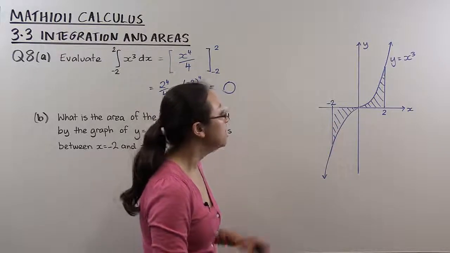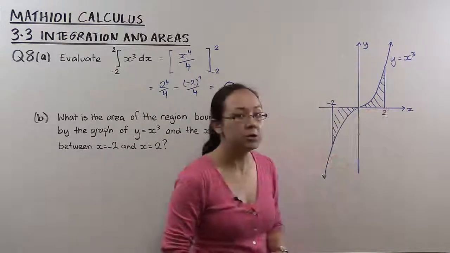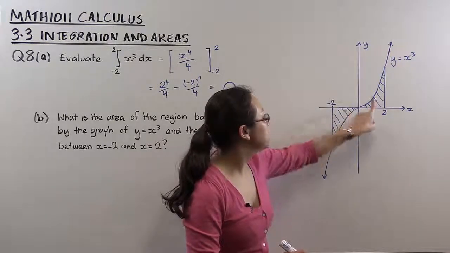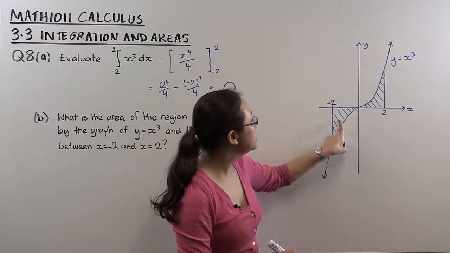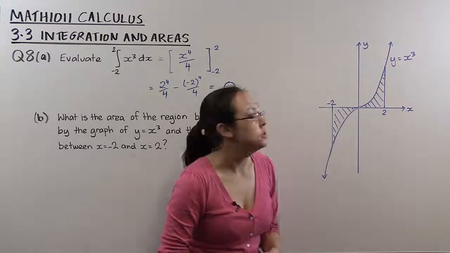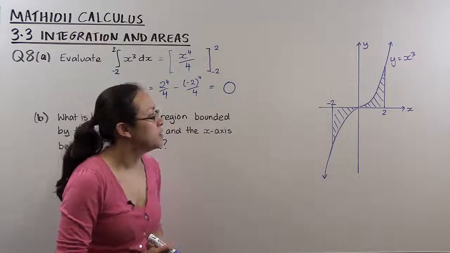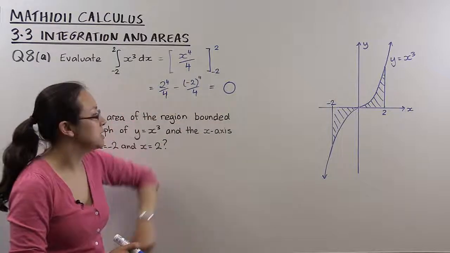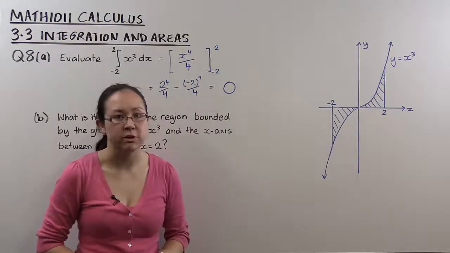And so if we're going from -2 to 2 of an odd function, which has some rotational symmetry, those areas are actually exactly the same. So this signed area is the negative of this area here, and so we know that they will add to 0. So the fundamental theorem of calculus, finding the antiderivative and subtracting, does indeed get us 0 there.